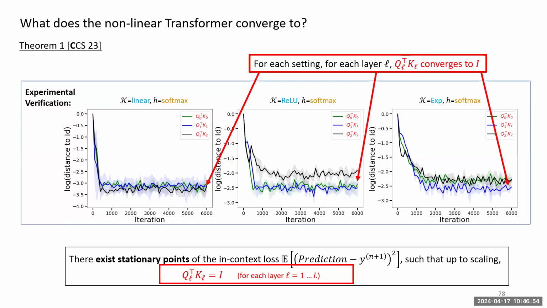On this slide, I show the plots of QK matrices for a 3-layer transformer. The x-axis is training time, the number of steps of Adam, and the y-axis denotes distance to identity. Each plot shows different choices of data generated from K, but H here is fixed to be softmax. I will note that similar plots are also observed for other choices of H, like ReLU and linear, but I just didn't show them.